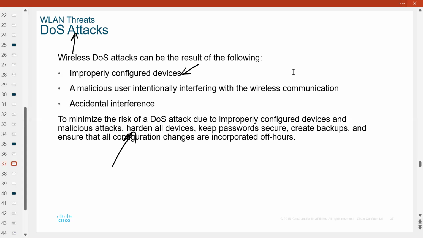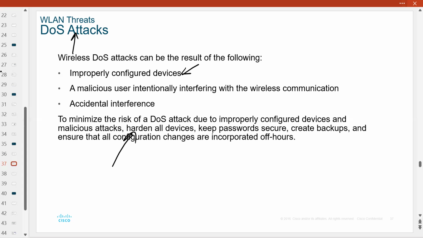That is device hardening. So with device hardening, even in wireless communication, it makes unauthorized users not get access to the network. Therefore, they cannot make changes to the network. They cannot deny services to the network.